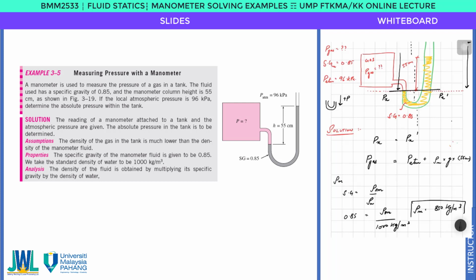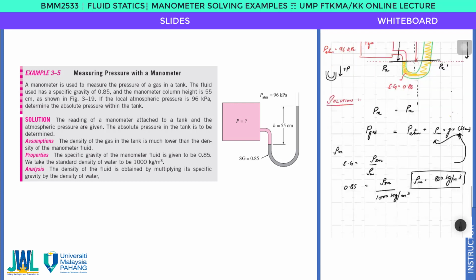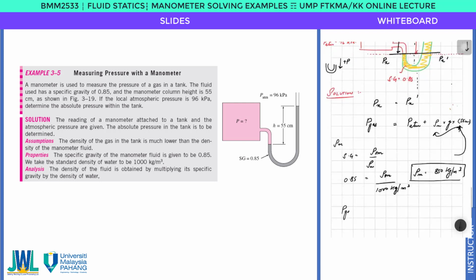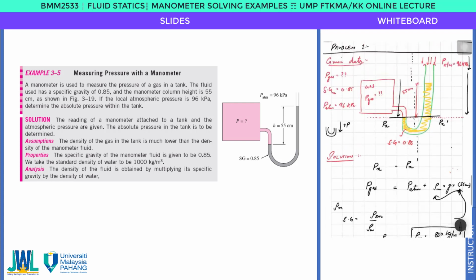So now I will put this density in the equation. So pressure of gas is equal to atmospheric pressure, which is 96 kilopascal, so 96 into 10 to the power 3 pascals, plus density of manometric fluid 850, multiplied by gravity 9.81 unless specified, multiplied by the height, 55 centimeter. So we need to convert height into meter.